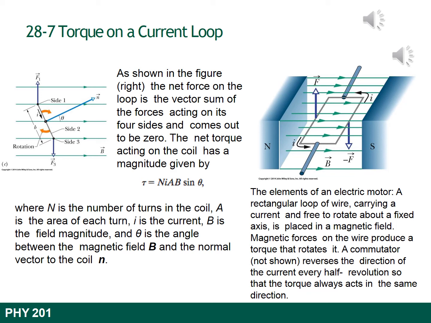There is a torque making the fan turn. And this can be applied in electricity; you know there are many things at home that rotate, and this is a motor. Now when it rotates there will be some angle between the area vector A and the magnetic field B. So remember that the torque is NIAB sine theta.